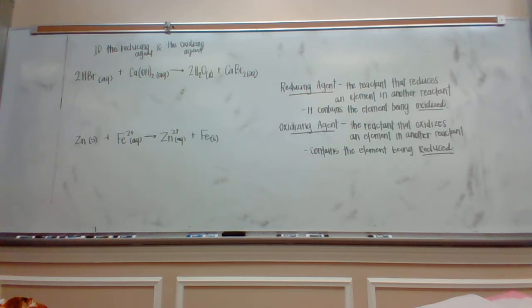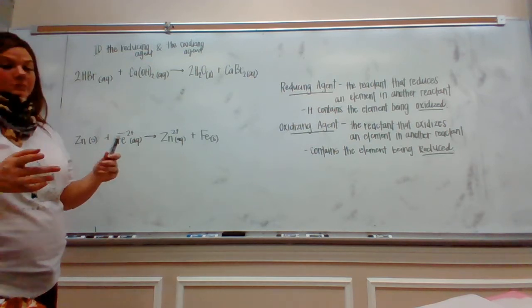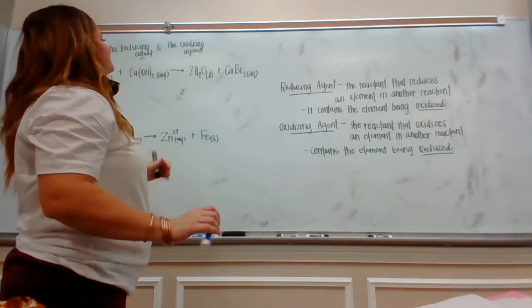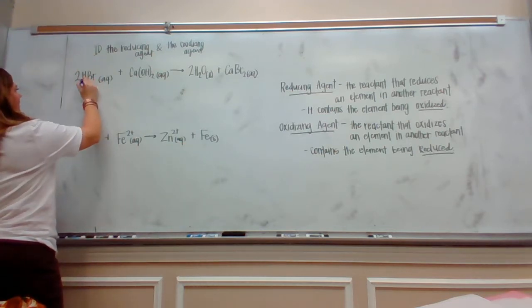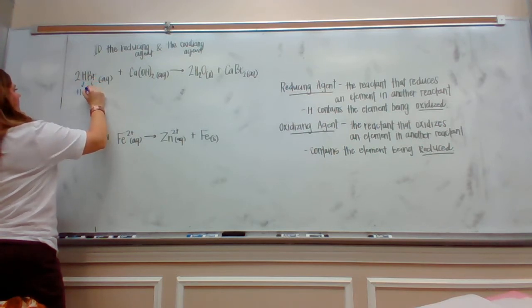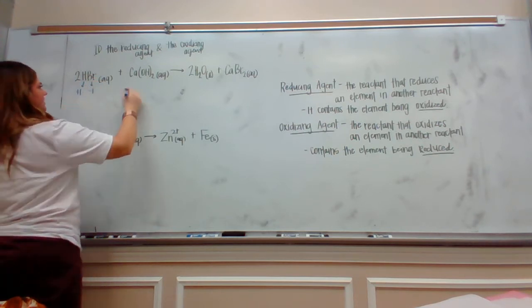Then I look at who's being oxidized, who is being reduced. Then from there, just flip it, okay? That just makes more sense for me. I don't know why, but it does. So that's what I'll do. So, let's go through assigning oxidation states.